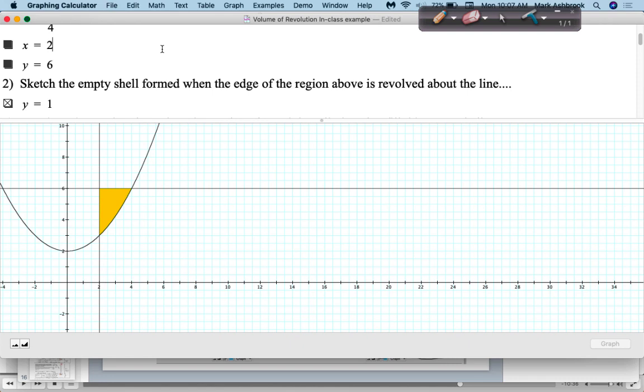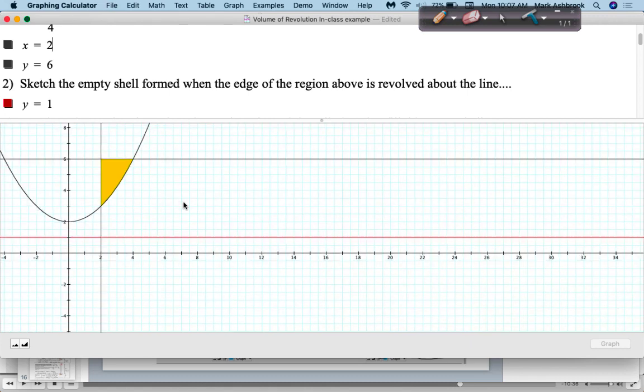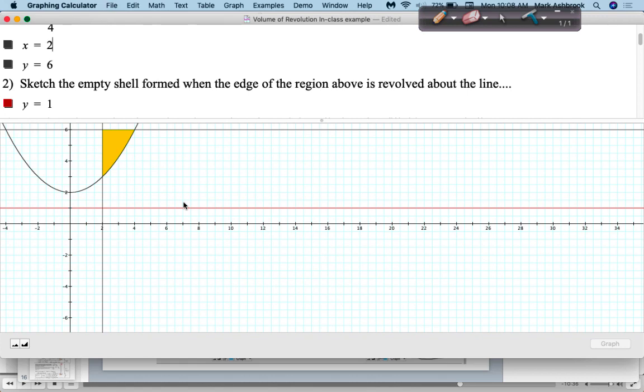What kind of thing is that? Horizontal or vertical line? Horizontal. Y equals 1. So we're going to rotate that around y equals 1, and we're trying to figure out what the empty shell that we're going to get is.